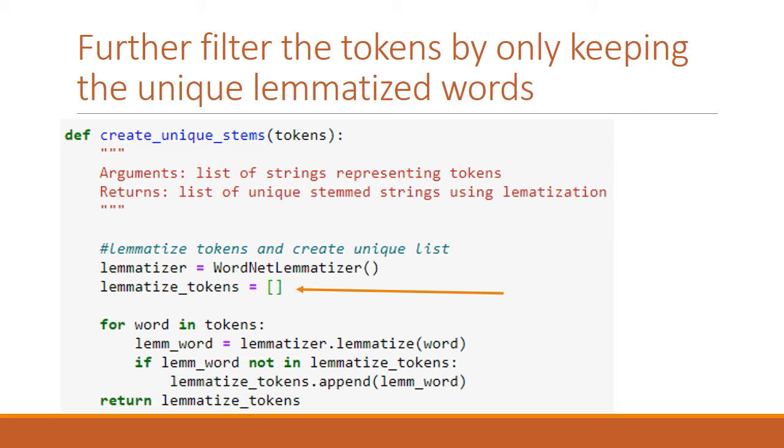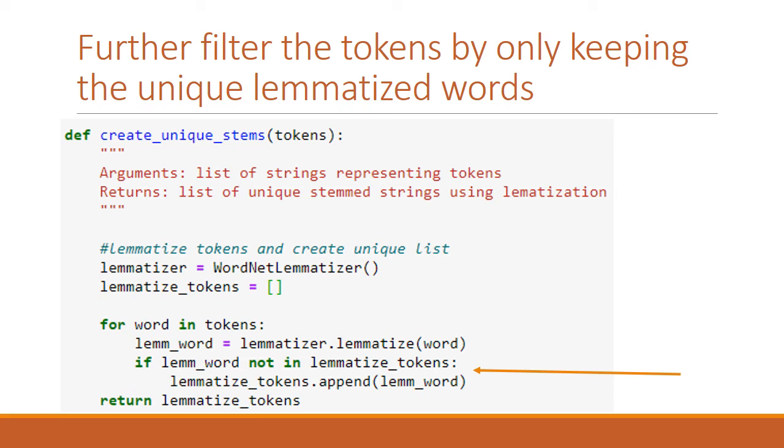The first thing we're going to do is create our lemmatizer, and we're going to initialize our lemmatized tokens list to the empty list. Then for each word in our tokens list, we're going to first lemmatize it. So we're going to call the lemmatize method of our lemmatizer, passing in the word, and it's going to return that word after it's lemmatized it.